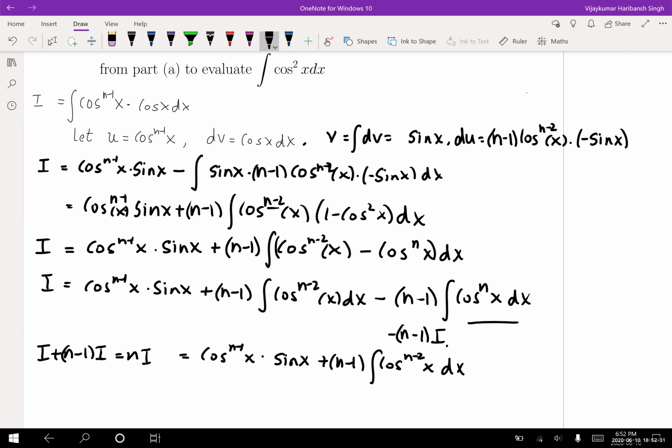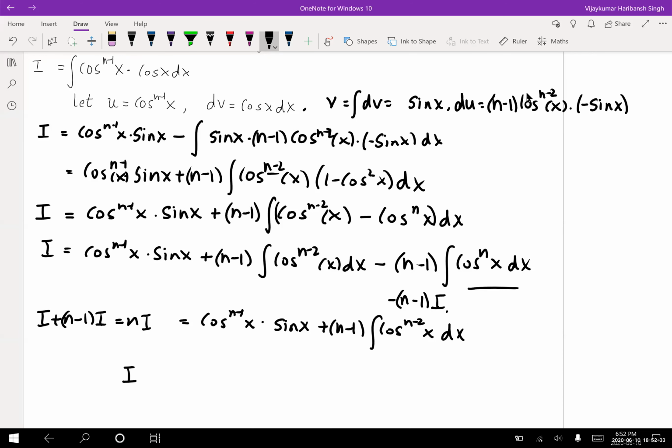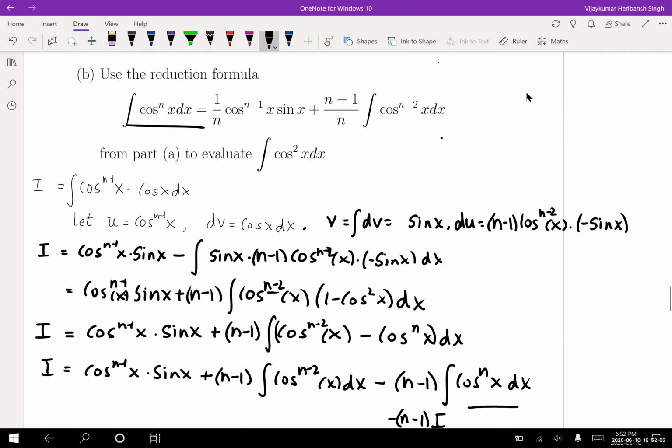So divide throughout by n, which gives you I equals 1 by n cos to the power n minus 1 x sine x plus n minus 1 by n times integration of cos to the power n minus 2 x dx. So this is exactly the formula you wanted.